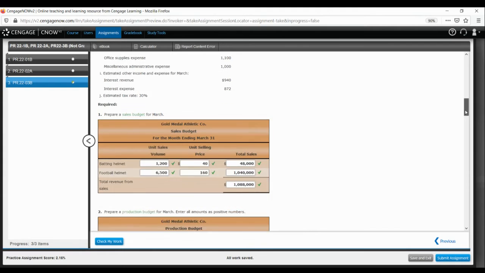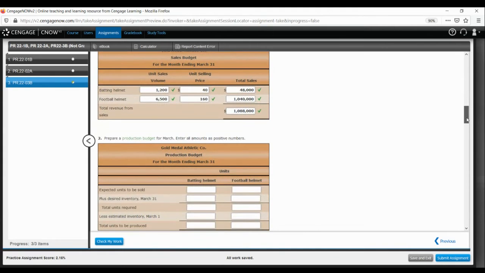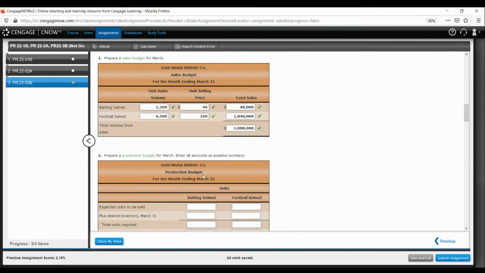So I'm going to scroll to my next budget, which is Part 2, which is what we call a production budget. The production budget is going to start with the expected units that we are expecting to sell. You can get this information from two places.